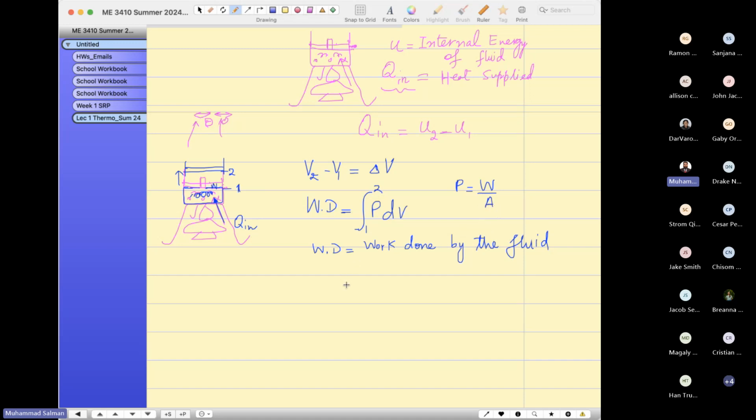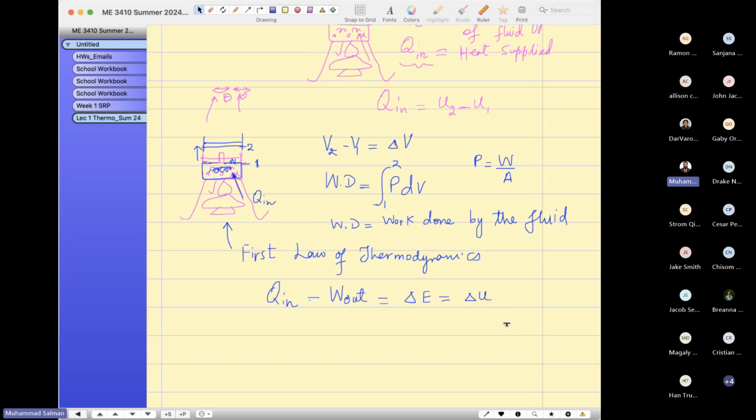So if I write down the first law of thermodynamics for this system, I would say heat supplied minus work out equals change in the energy. In this case, this energy only.